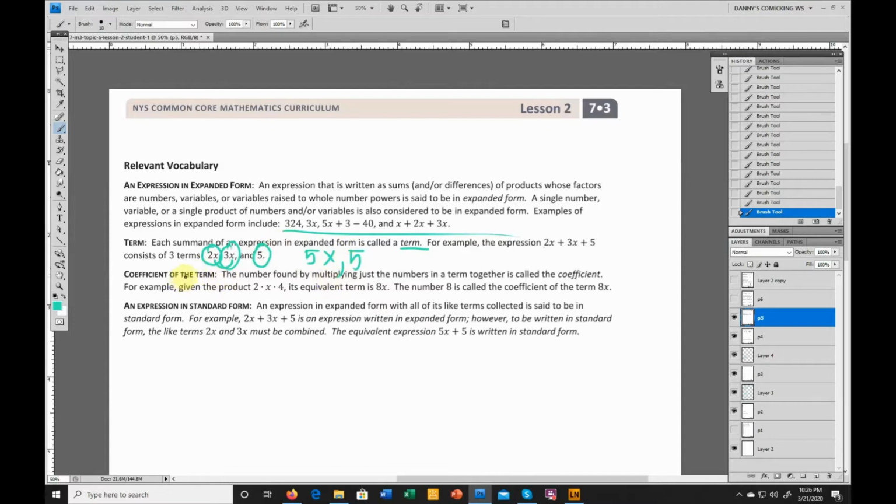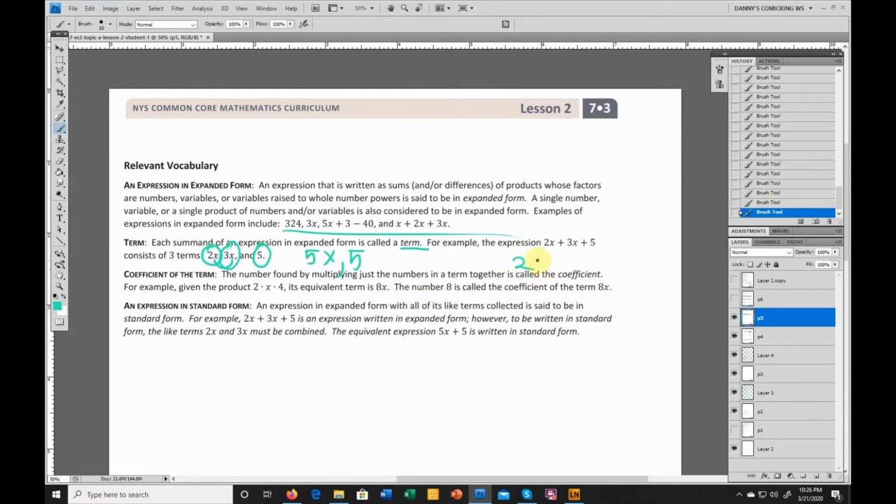The coefficient of the term, the number found by multiplying just the numbers in a term together, is called a coefficient. For example, given the product 2 times x times 4, the equivalent is 8x.